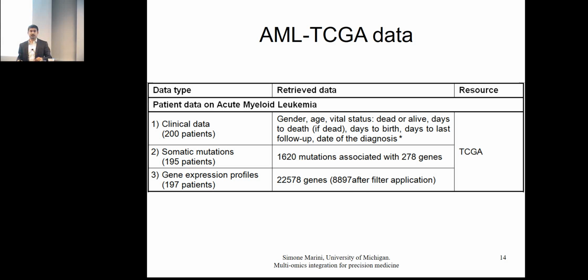Now, from the toy example, let's go to a practical one. I can get a data set, patients from TCGA, patients suffering from acute myeloid leukemia, and here I have the direct information that has been measured on these patients. So I have clinical data, the samples from the patients, they have mutations, and I can also measure the gene expression profile.